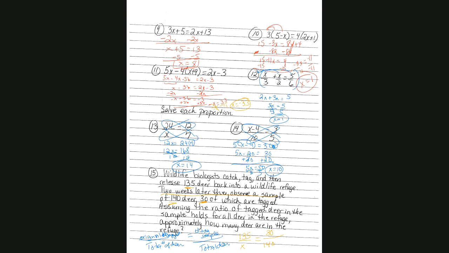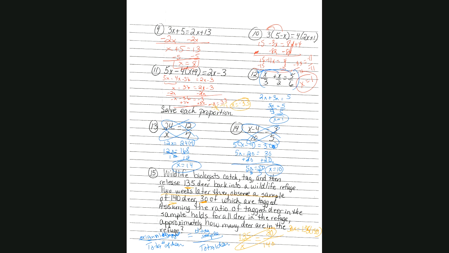So now we cross multiply and divide. So we will multiply 30 times x and get 30x, and then 135 times 140. Can't erase on here, I'm sorry. So we're going to make the best of what we have.